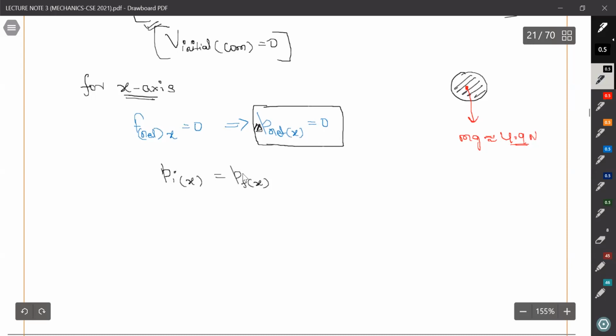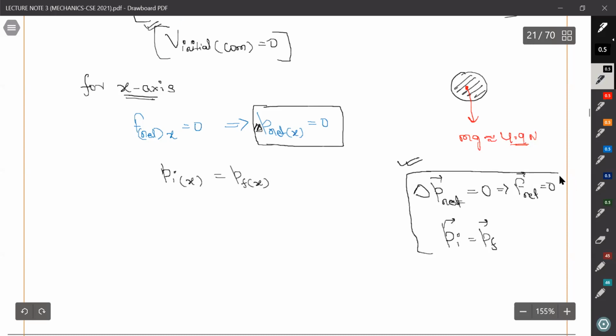Initial momentum equals final momentum when net delta p is 0, that is when net external force is 0. So you can write like this also: if F net is 0, delta p is 0, that is Pi equals Pf.